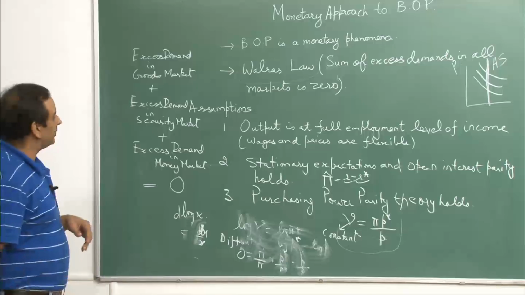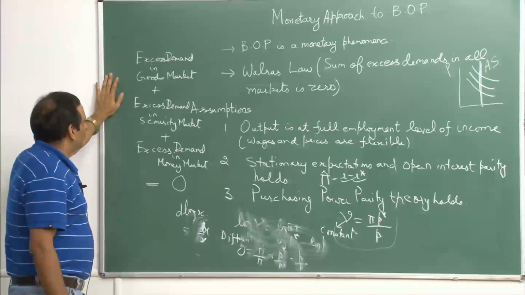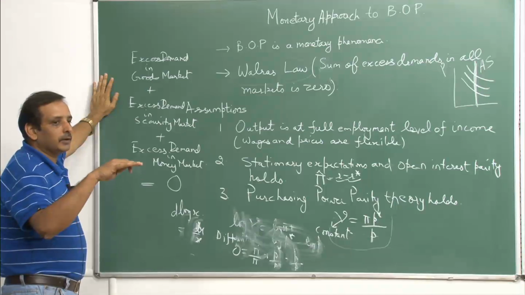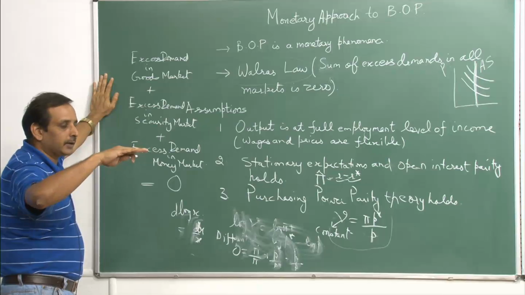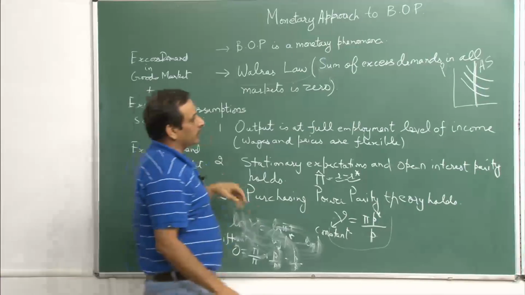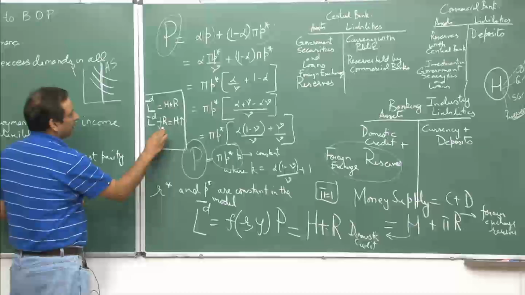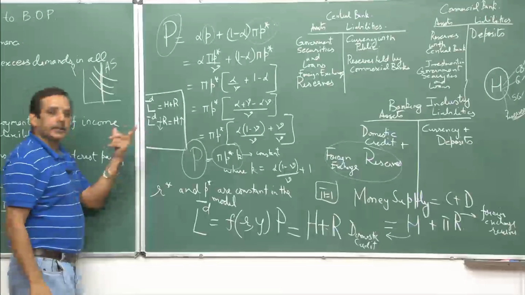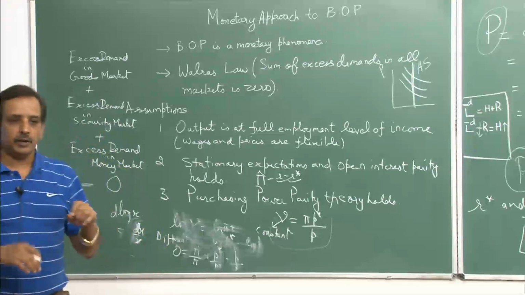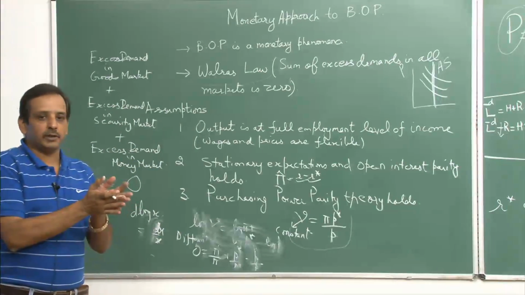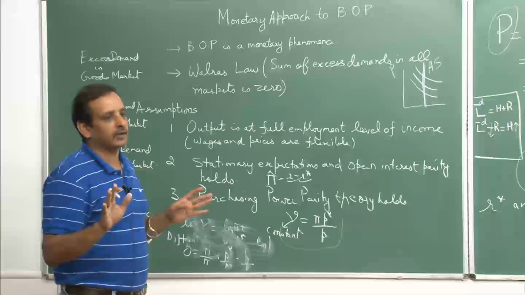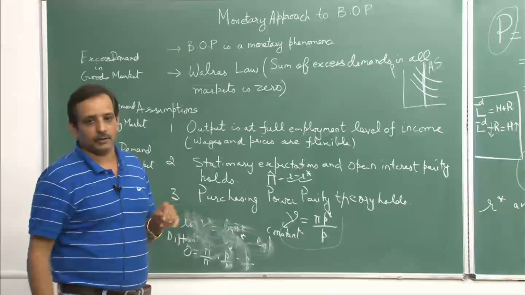If there is any excess demand for goods, or if there is a balance of payment deficit, the central bank has to intervene to maintain that parity, that exchange rate. So, it would start losing reserves. When it will start losing reserves, this will come down. You will again have equilibrium in the money market. So, there will be equilibrium in the other markets. Whatever was the deficit, it will be wiped out. So, any balance of payment disequilibrium is a temporary phenomenon.